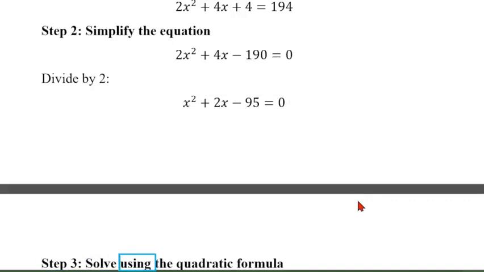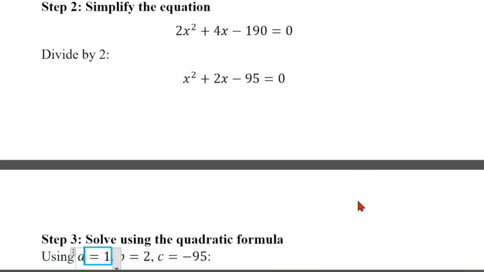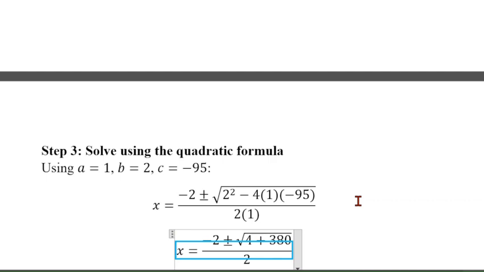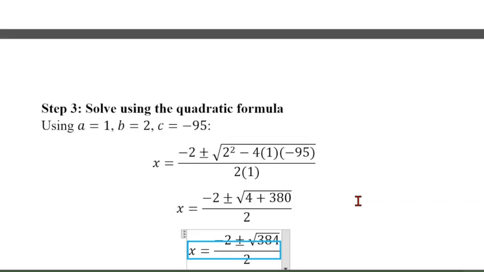Step 3. Solve using the quadratic formula, using a equals 1, b equals 2, c equals minus 95. x equals numerator, minus 2 plus or minus square root of 2 squared minus 4 open paren 1 close paren open paren minus 95 close paren, over denominator 2 open paren 1 close paren. x equals minus 2 plus or minus square root of 4 plus 380, over 2. x equals minus 2 plus or minus square root of 384, over 2.